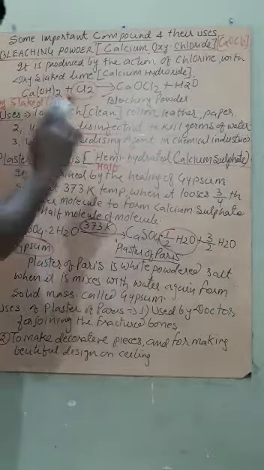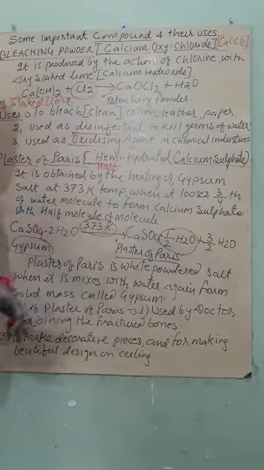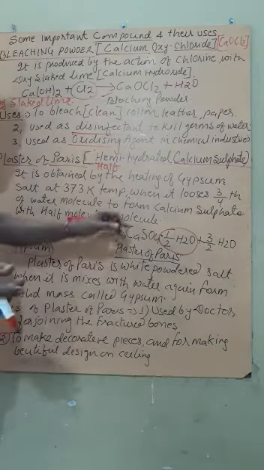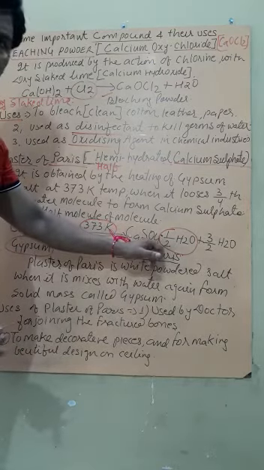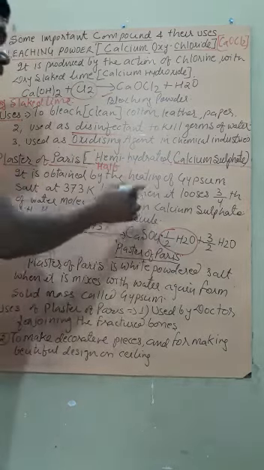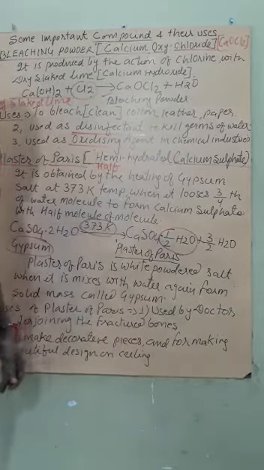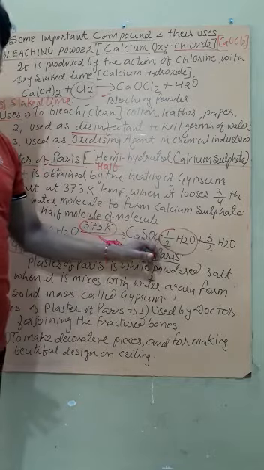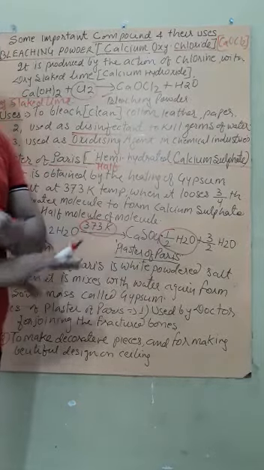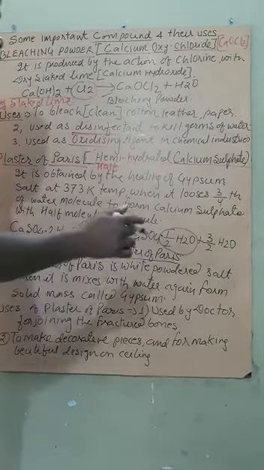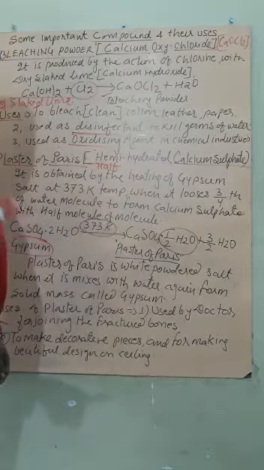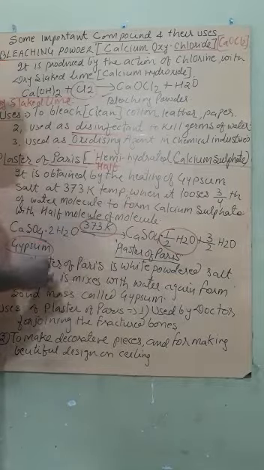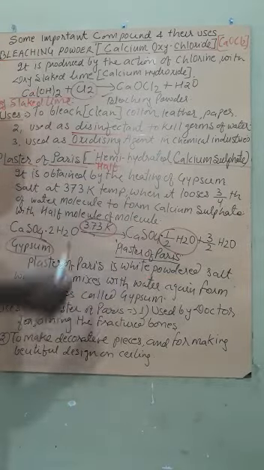Student, you must remember, if the temperature is more than 400 Kelvin, then instead of hemihydrate, only pure anhydrous calcium sulfate, without water molecules, is formed, and this calcium sulfate does not have the property of plaster of Paris. Therefore, it is required to maintain the temperature around 373 Kelvin.